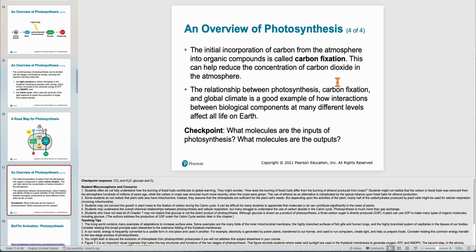The oceans will do that too. I think I showed a slide earlier, probably in chapter 1 or 2, that showed how the oceans played a role in taking the carbon dioxide, turning it into carbonic acid in the oceans. Well, that's a form of carbon fixation. That's what we're doing here too. Plants play a role in carbon fixation. And notice it says that's a good example of how we're dealing with global warming.